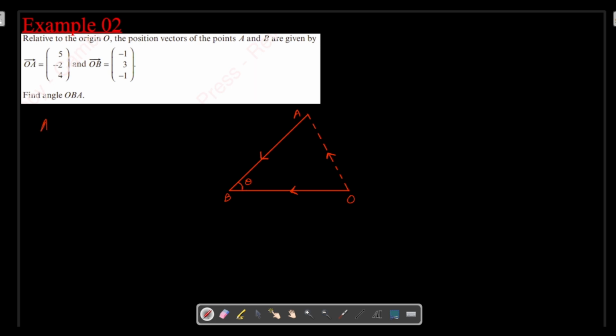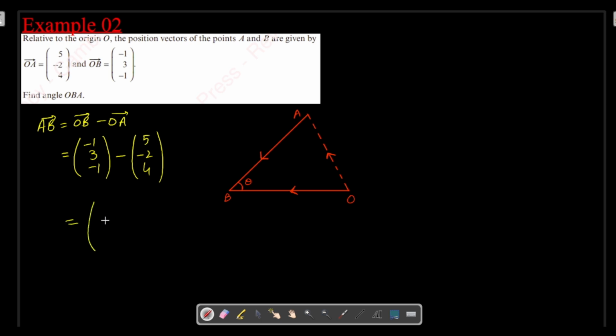The vector AB can be calculated as AB vector is equal to OB vector minus OA vector. Using the values of OB and OA, OB is minus 1, 3, minus 1, minus the vector OA, which is 5, minus 2 and 4. Subtracting the like components, we get minus 6, 5 and minus 5.